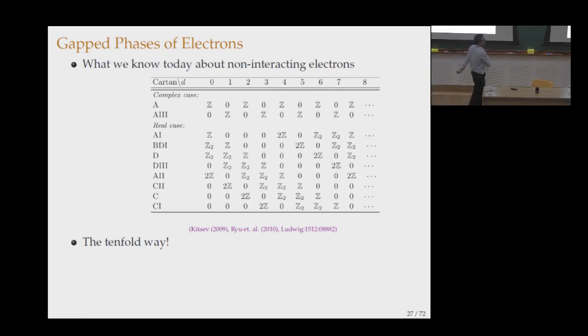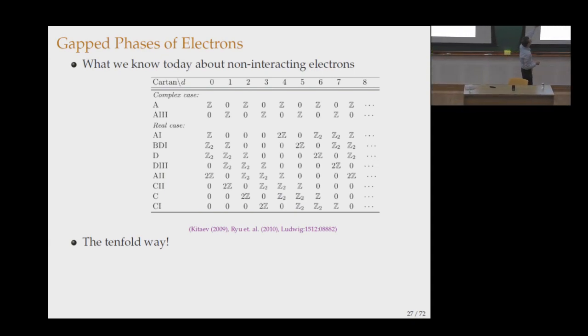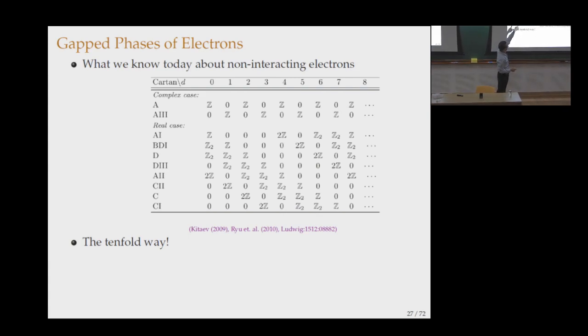This answer was discovered about 10 years back. Shown on the y-axis are some labels, A, A3, and so on. These are symmetries of the fermionic system. On the x-axis is the spatial dimension.